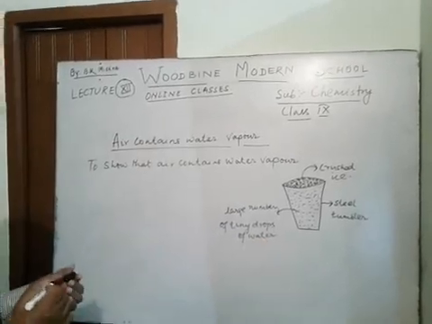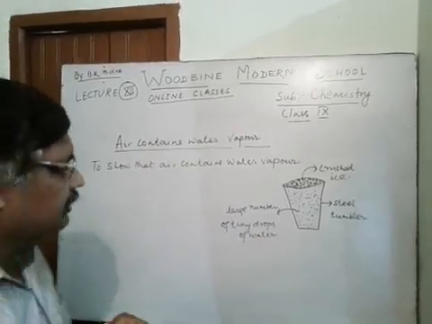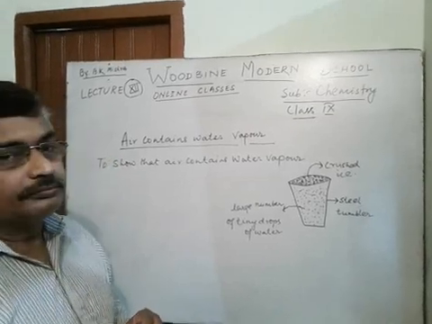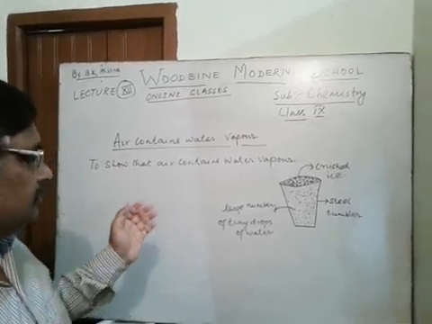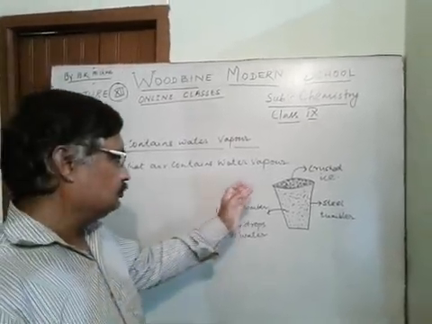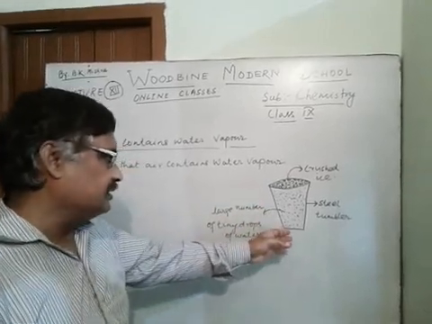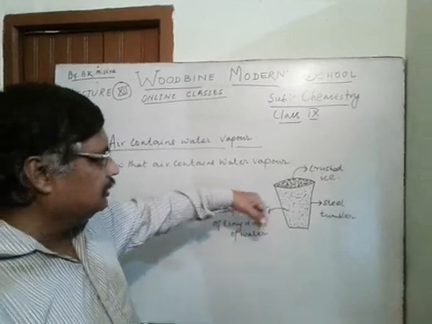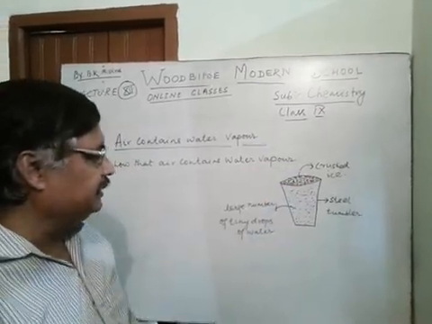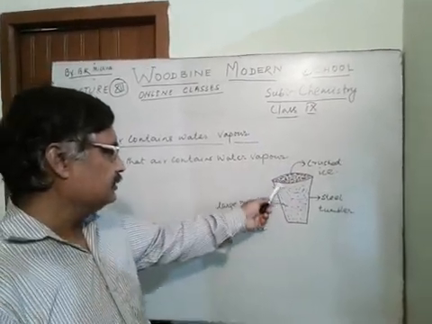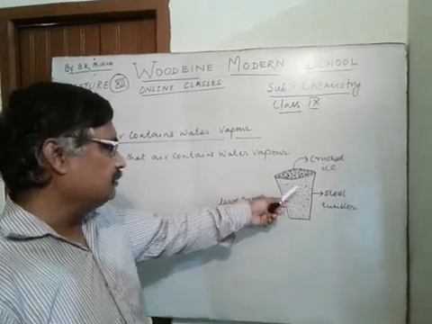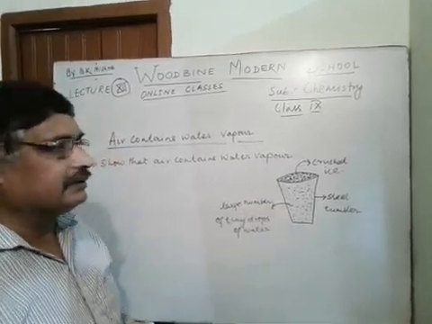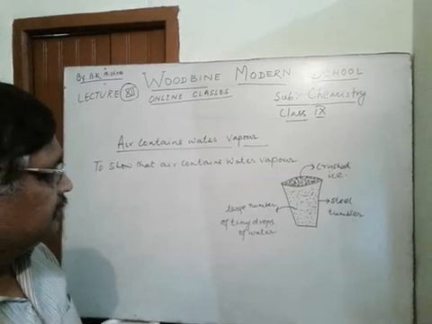Now, where did these tiny drops of water come from? When this steel tumbler containing crushed ice is put down, the air around the steel tumbler gets in contact with its surface.